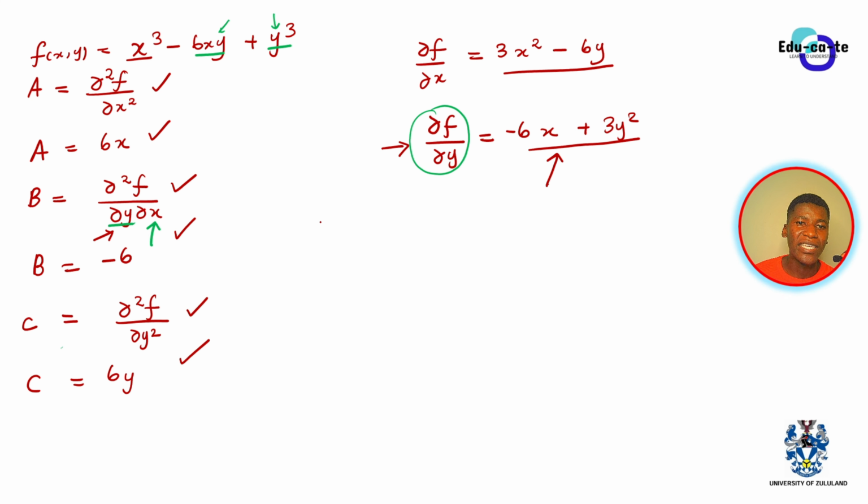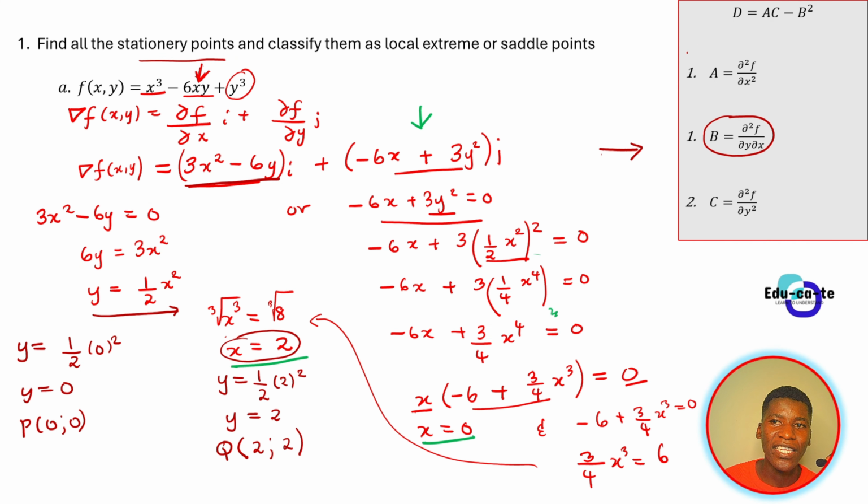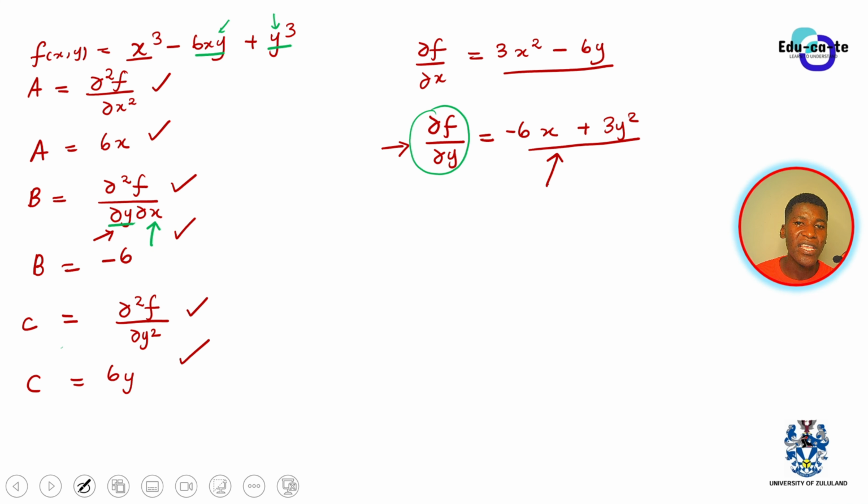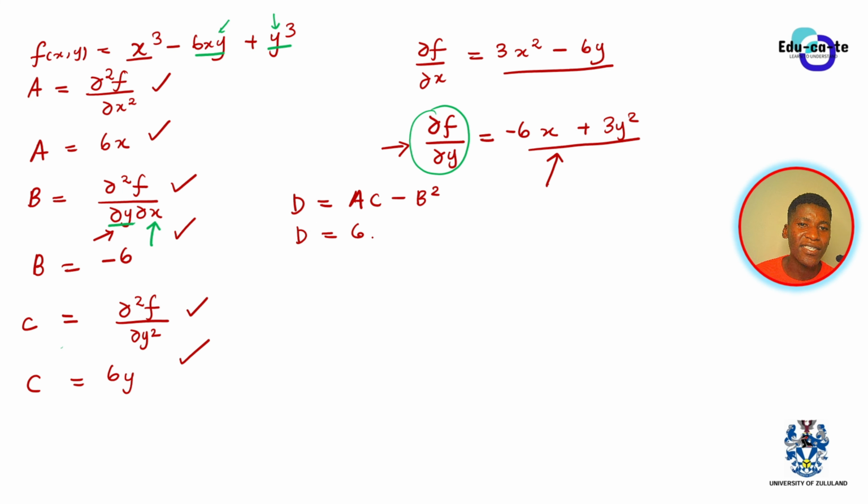Now let us do the classification. The first step is to find the discriminant using the formula: discriminant equals ac minus b squared. You have the values of a, c, and b. The value of a is 6x, the value of c is 6y, so you multiply them together, minus the value of b, which is negative 6, squared.